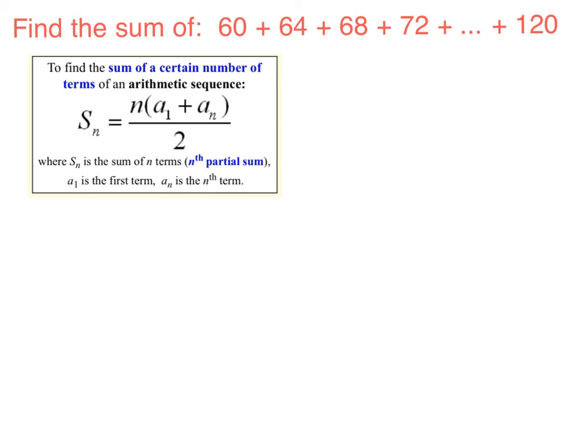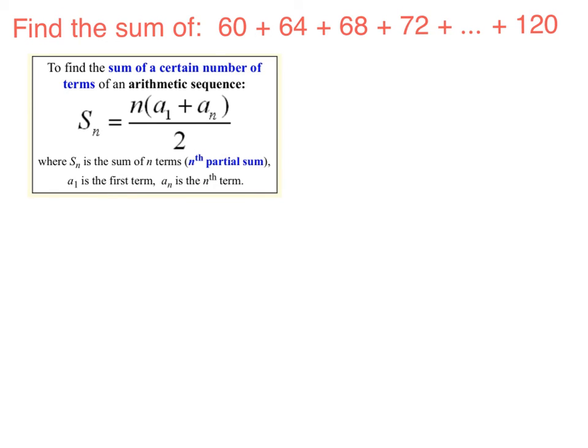S base n, or sigma base n, just means the partial sum of a sequence. So this is only part of a sequence because it can go on forever if I keep adding 4, but we're just going to talk about these numbers. n represents the number of terms that there are. a1 we know is our first term, an is our last term, and then we cut that in half.